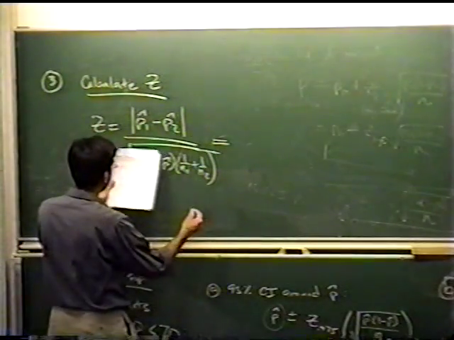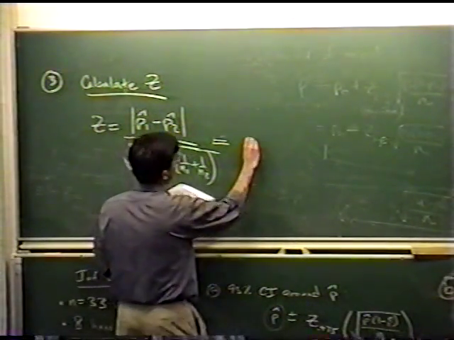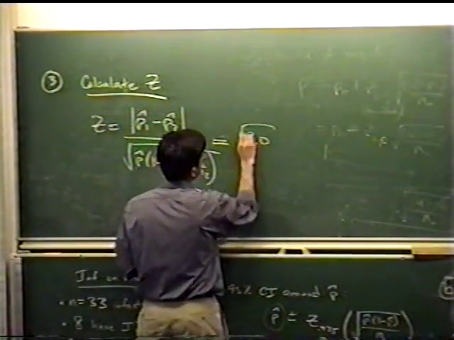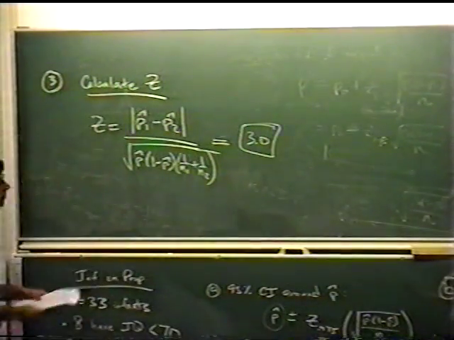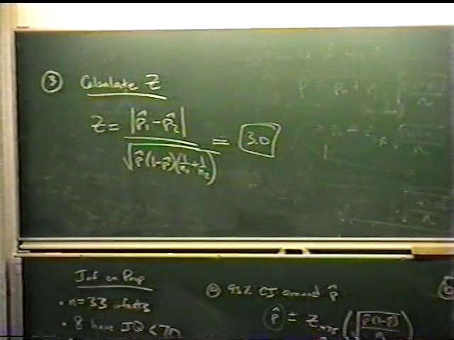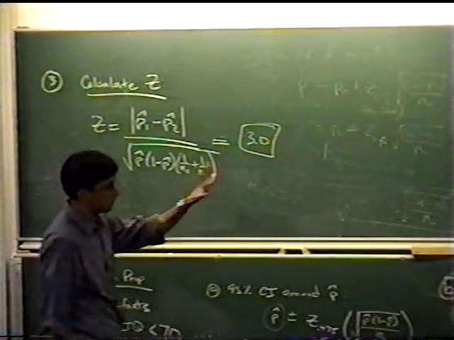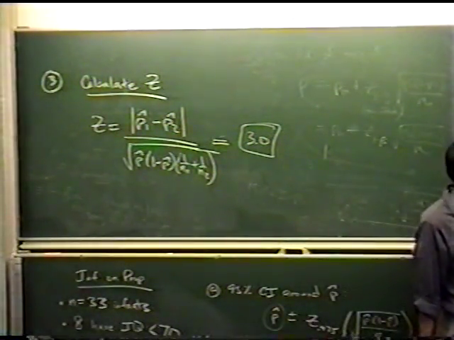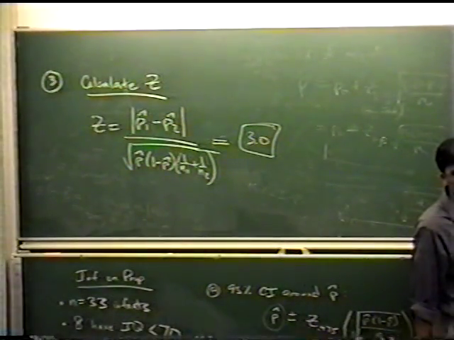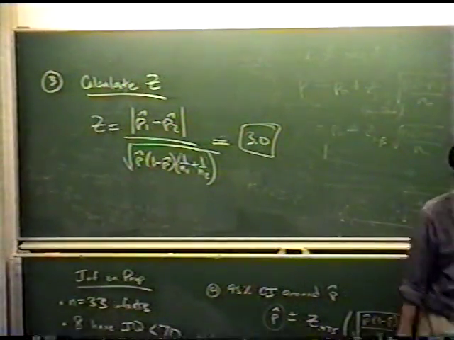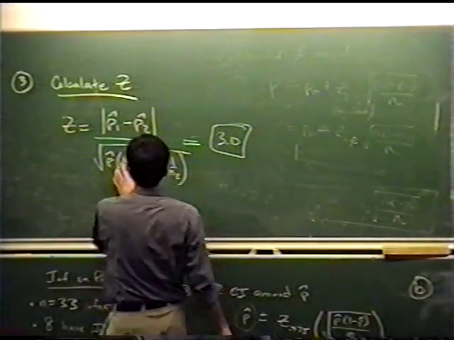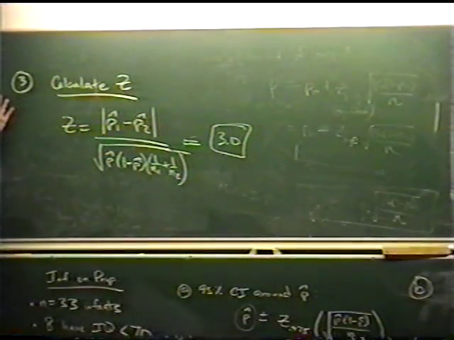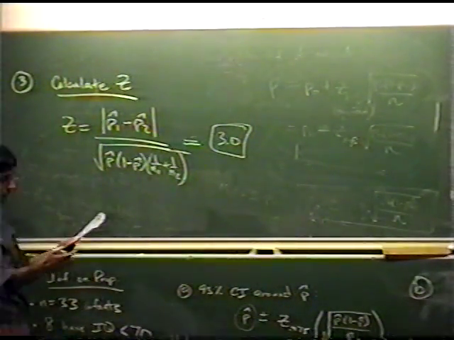We plug and chug into an equation, and we get that this is equal to 3.0. So we're doing very similar steps to the two-sample t-test. We calculate the pooled variance, but the way to do that is by calculating the pooled probability here. Okay? And then we take that pooled variance and calculate the z-statistic. That's it.